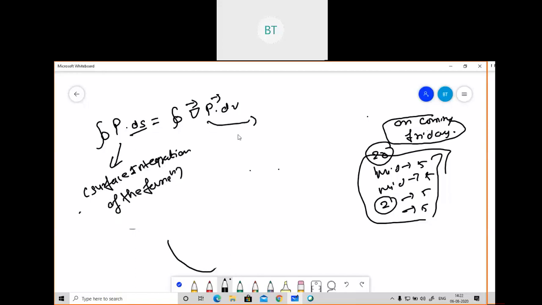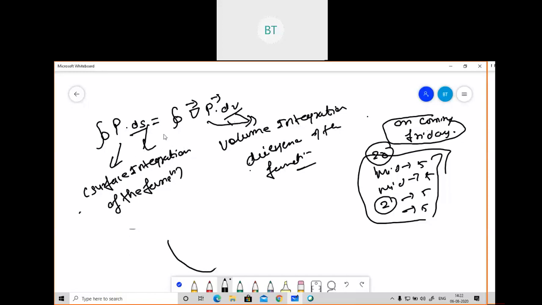And what is this? This is the volume integration of the divergence of the function. Since it is denoted by dv, we can conclude that this is volume integration, and since it is denoted by ds, we call it surface integration.